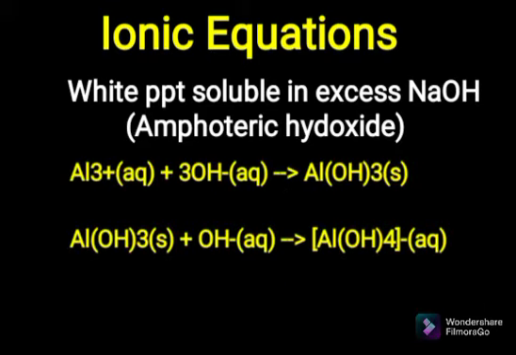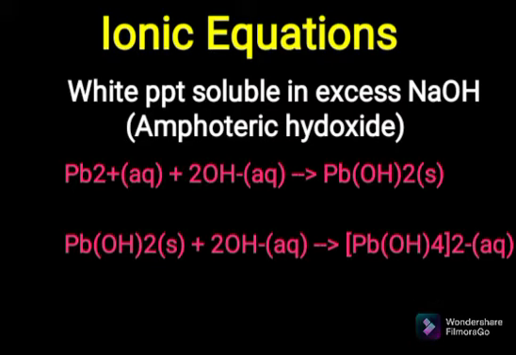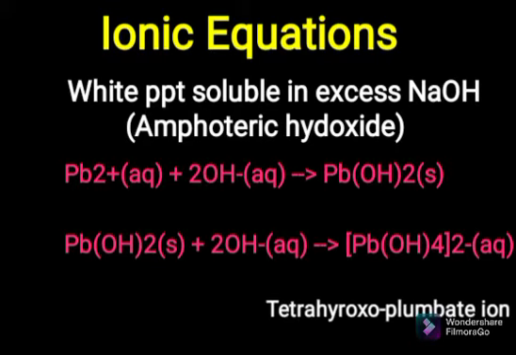Then the aluminium hydroxide will dissolve in excess sodium hydroxide to form the tetrahydroxoaluminate ions. With lead-2 ions, they will form lead-2 hydroxide that will dissolve in excess sodium hydroxide to form what we call the tetrahydroxoplumbate ions.